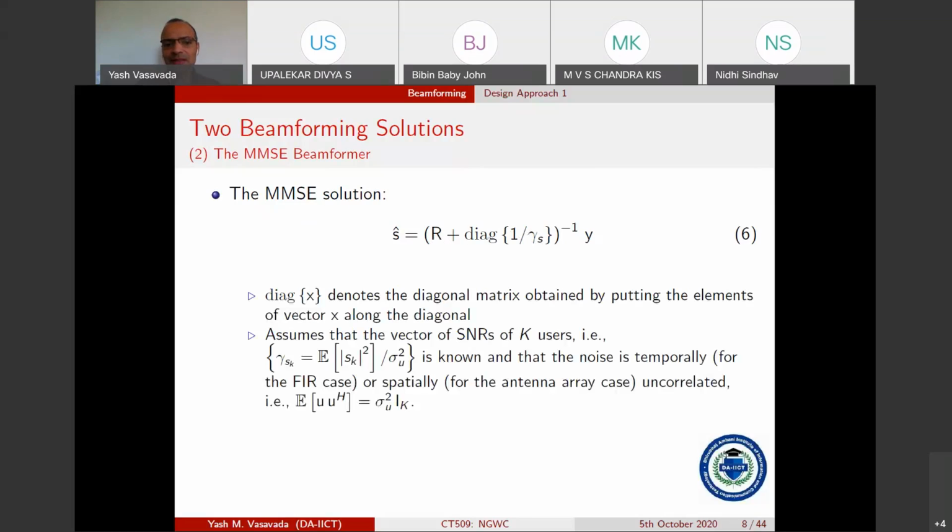And we have seen that the resultant expression, which is called the minimum mean squared error expression, sometimes performs better than the decorrelating detector that we have seen on the previous slide.